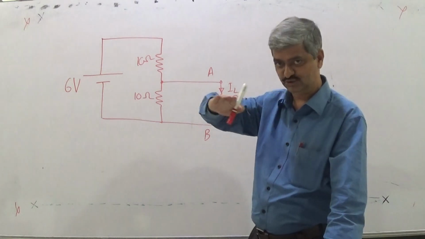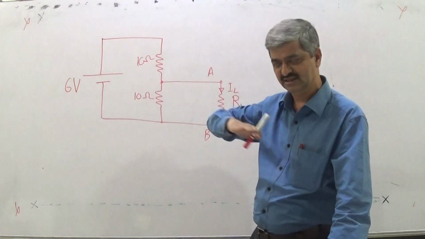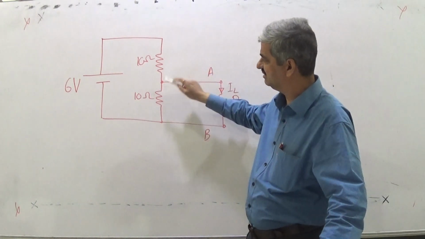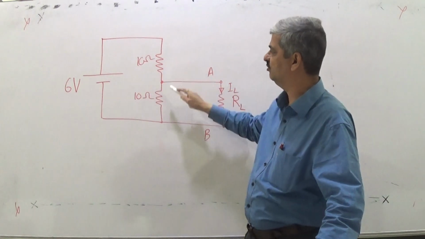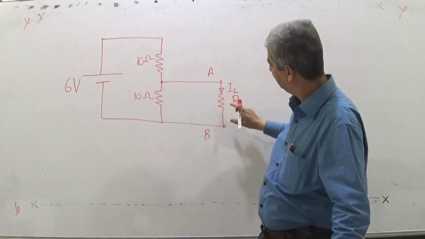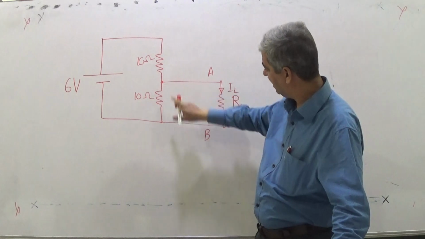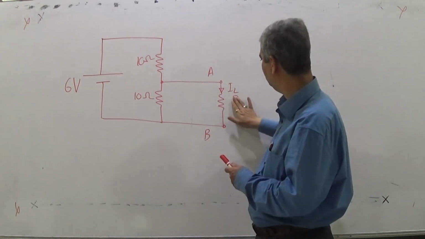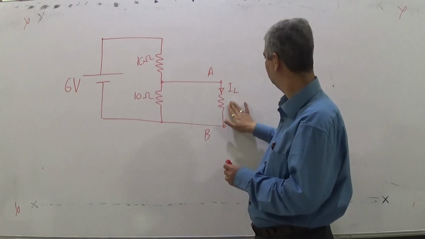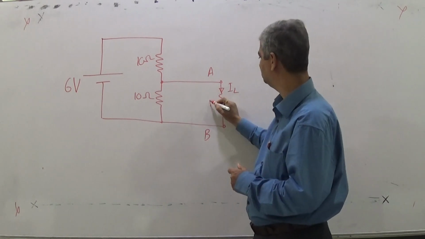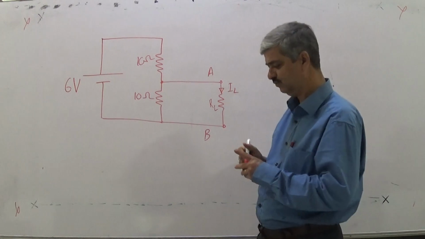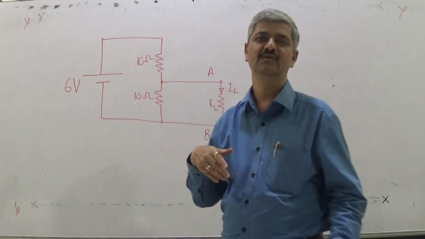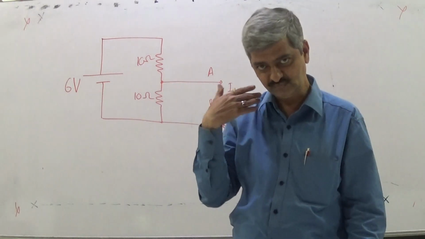Let us say power source, power supply, ideal in given constraints. 10 ohm resistance, and the point A, point B. If I connect a load of value RL, how much current will flow? Depending upon value of RL.